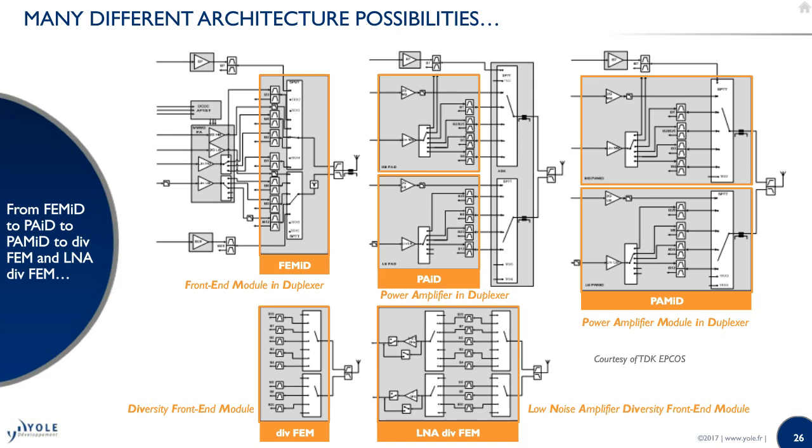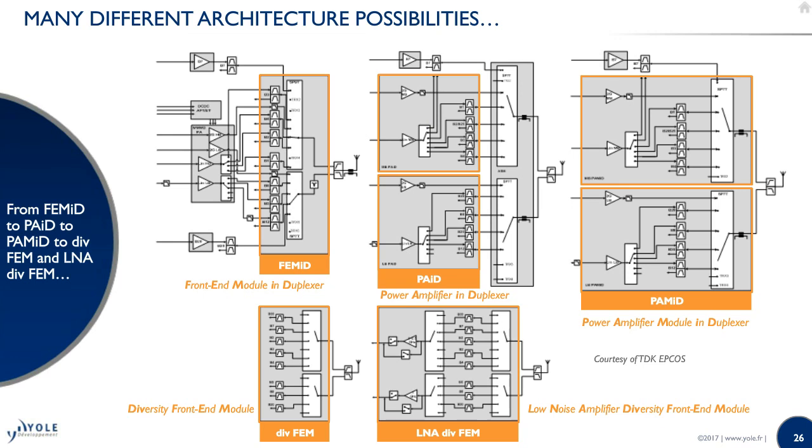Do you integrate them with switches? Then that will be the front-end module with duplexers. Would you integrate your power amplifier with this high-end filtering, these duplexers? Then we would call it the power amplifier with duplexers. Or would you integrate, like Stefan presented, the complete components, the power amplifier, the filter, the switches, all together, what we call the PAMiD, or the power amplifier module with duplexers?